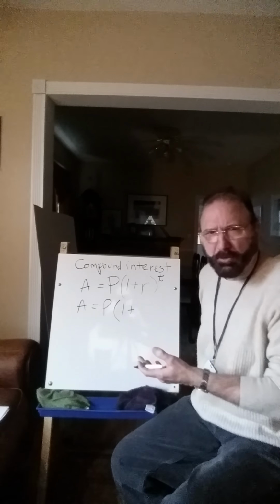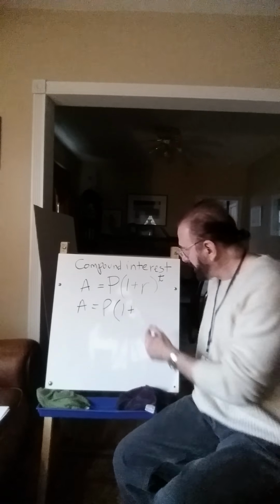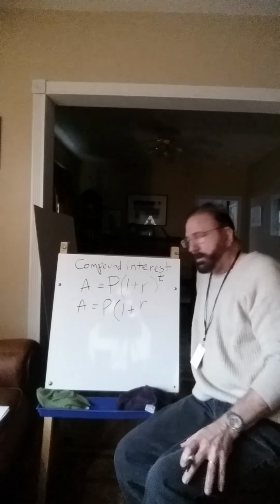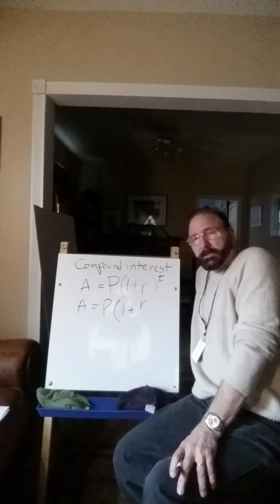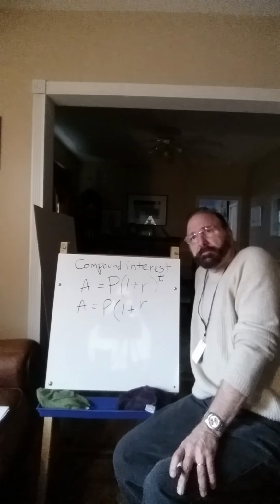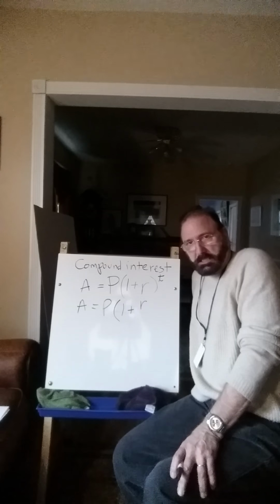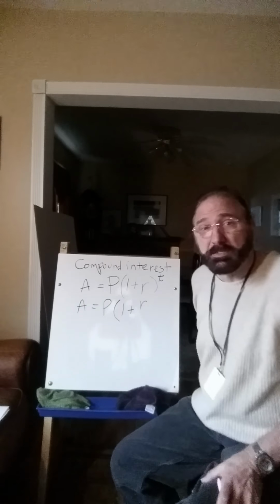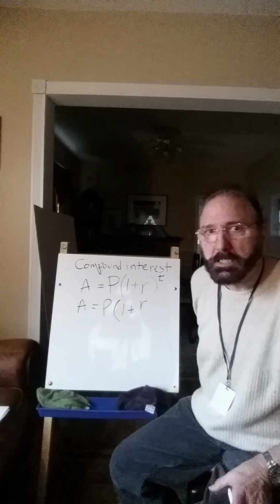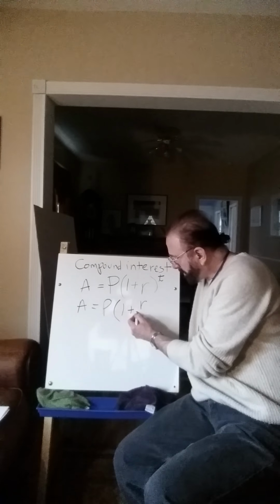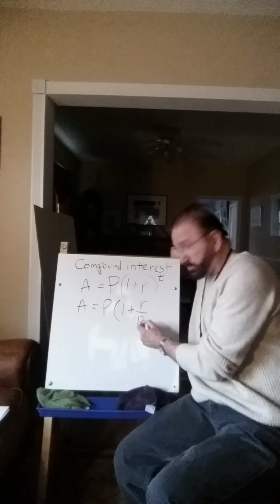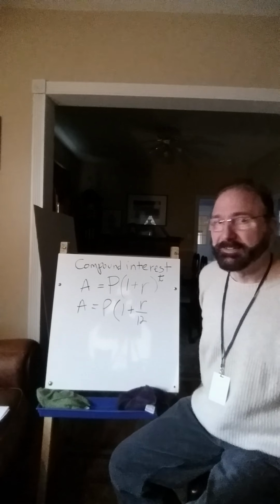In this case, if you're borrowing, you want it to be low, right? Now, the number of compoundings we said was every 12 months. There's 12 months in a year, right?